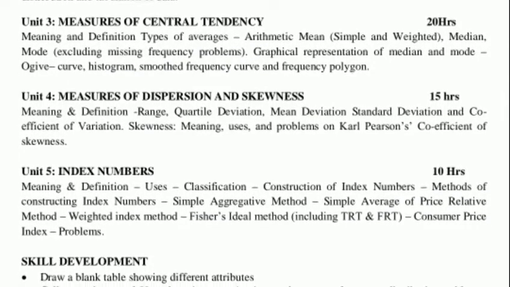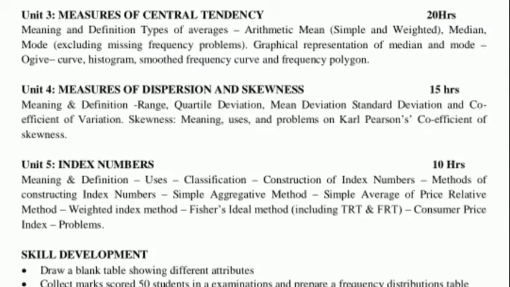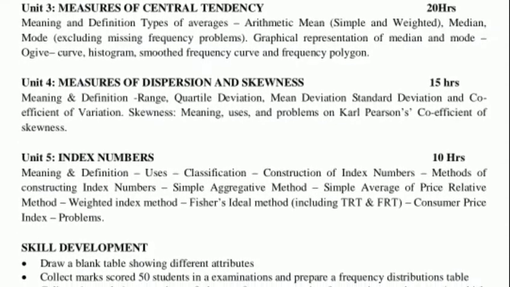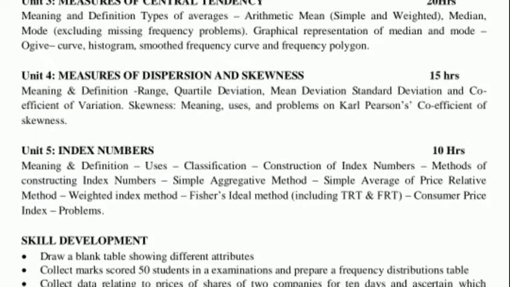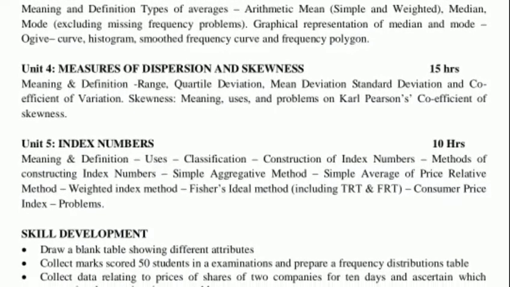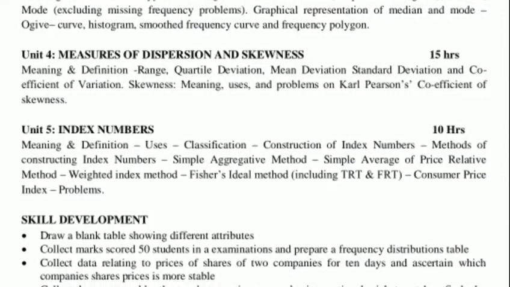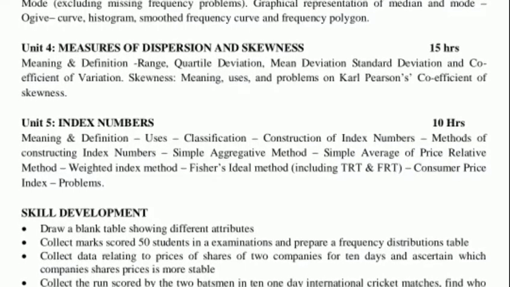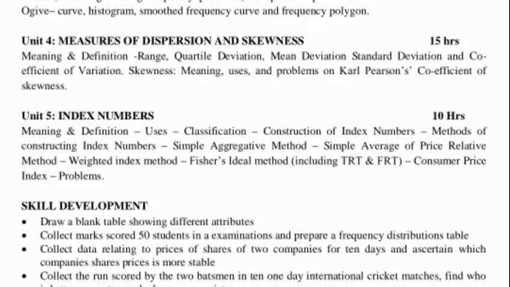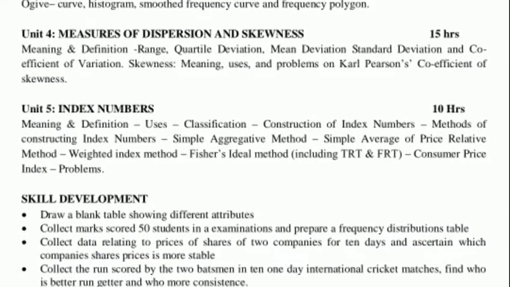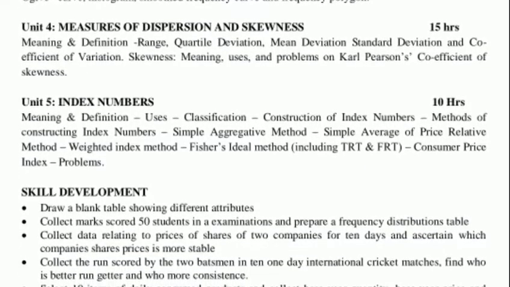Unit 4, Measures of Dispersion and Skewness, Meaning and Definition, Range, Quartile Deviation, Mean Deviation, Standard Deviation and Coefficient of Variation. Skewness, meaning, uses and problems on Karl Pearson's coefficient of skewness.